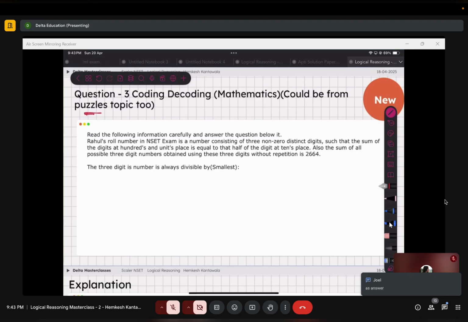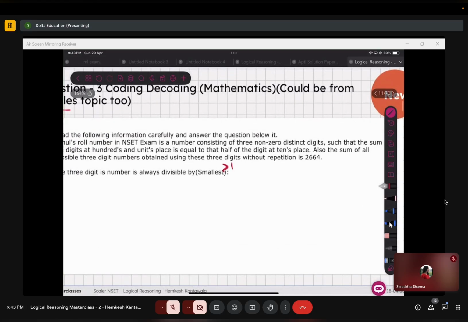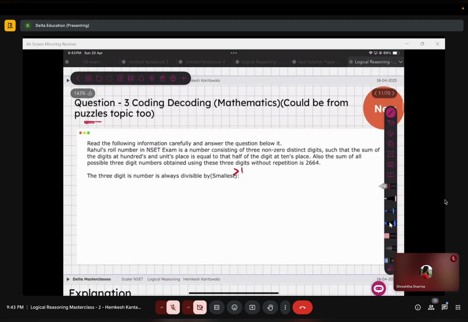No. Yeah, 1 is always the answer, but yeah, smallest greater than 1. Great point, Joel. This could be a tricky thing asked in the question, right? If it is not mentioned, then yes, you can put 1 as the answer. But in this case, I was looking for greater than 1.